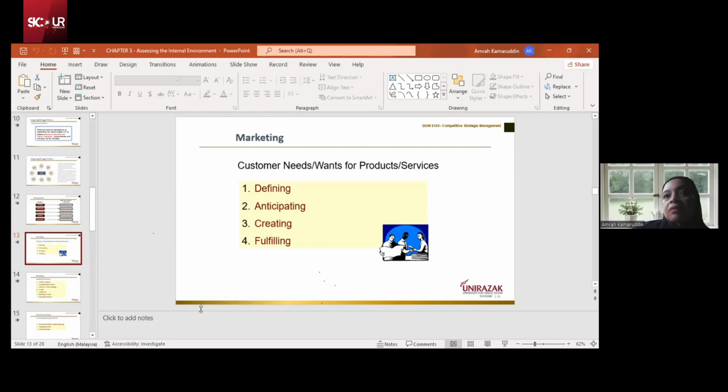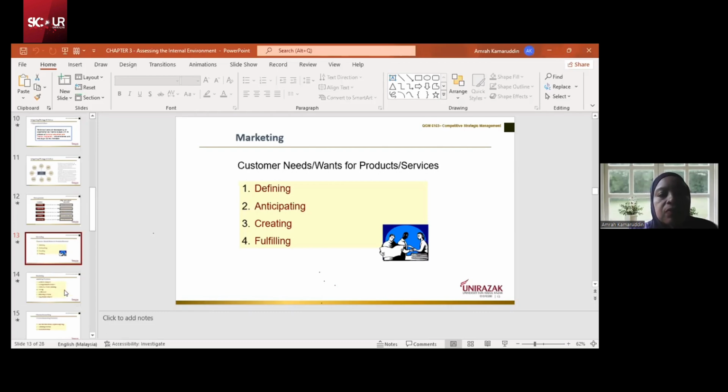In India, they cannot sell the beef burger or Big Mac because beef is sacred, so they cannot sell it. That's why they sell the Maharaja Mac, and lamb burgers they can sell. So that is actually needs and wants.